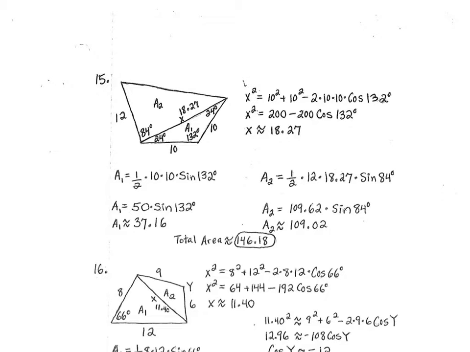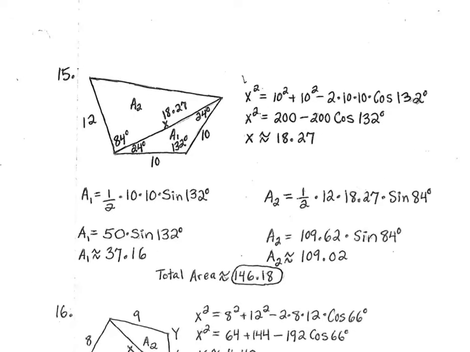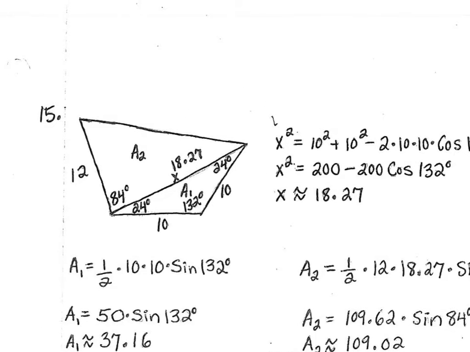So here we are on our calculations page, and I'm going to walk you through this little by little. First off, I've split the work into area of triangle 1 and area of triangle 2, and again we're starting with area 1, the bottom triangle. So 132 degrees allows me to say, because this is a 10 and a 10-sided triangle, this is isosceles.